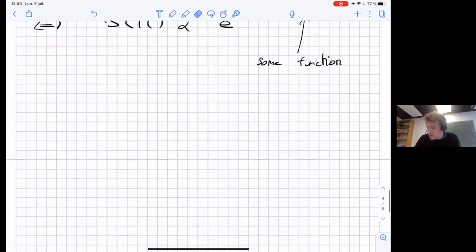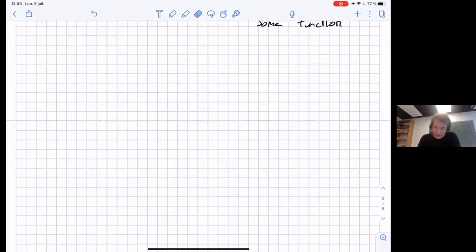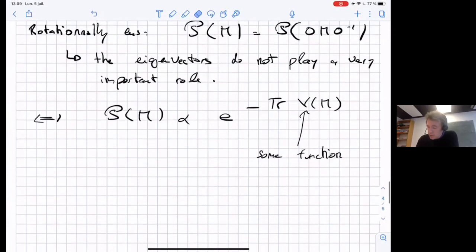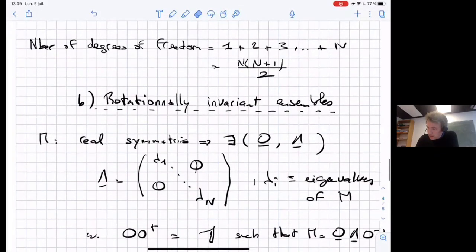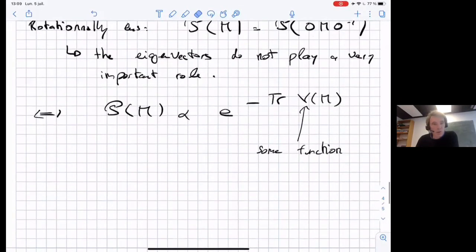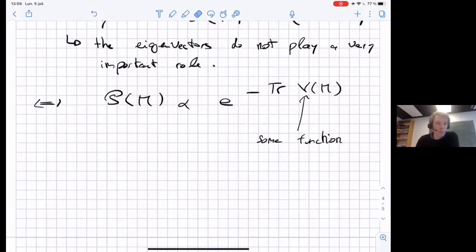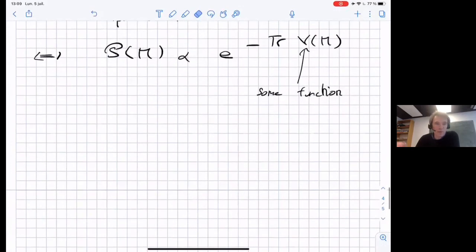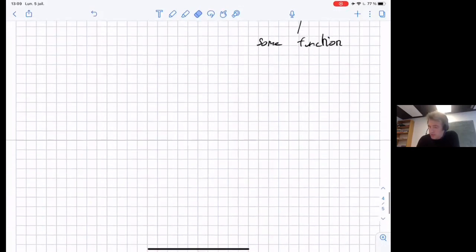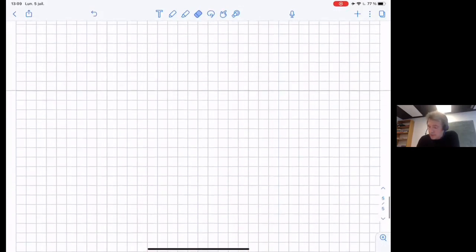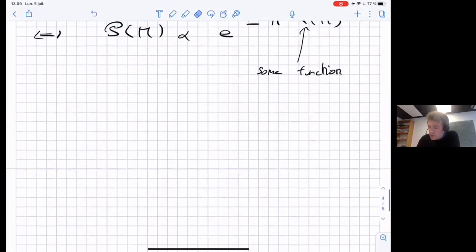There is a very nice and simple theorem which says that the only matrices that belong to the ensembles A, Wigner, or B, rotationally invariant, are the Gaussian random matrices. So we see that the Gaussian measure, as we know from standard probability theory, also plays a role in this context of random matrices.